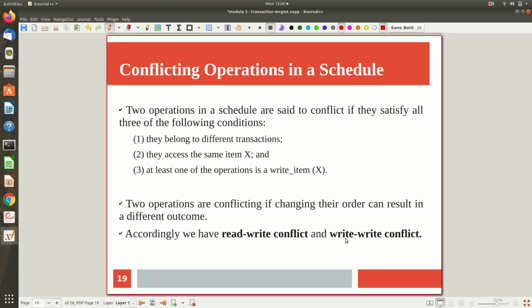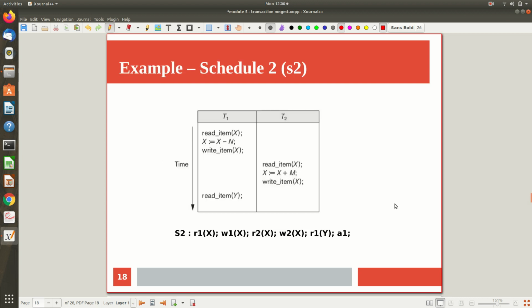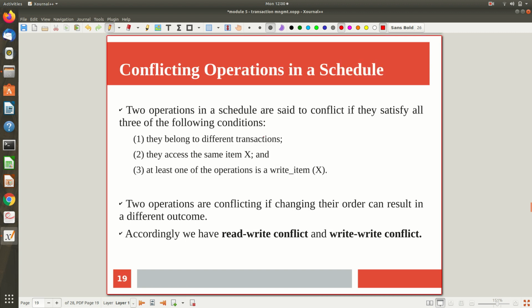First, they should belong to different transactions. So if you are talking about this read and this read, one should be here and the other here, in two different transactions. That is the first criterion.